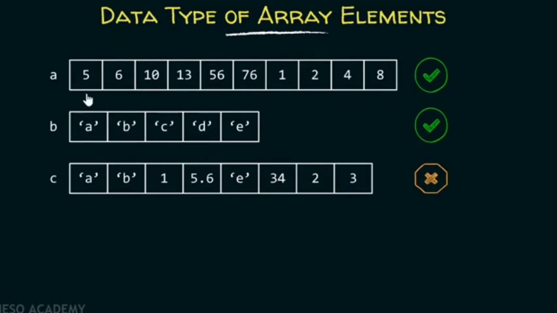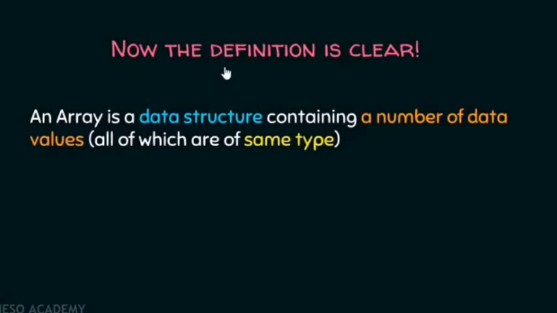Either an array consists of all integers, or it consists of all characters, all floats, all doubles, or whatever you can imagine, but it is not possible that an array consists of multiple types of elements. Finally, we can say that the definition is clear. An array is a data structure containing a number of data values, all of which are of same type.